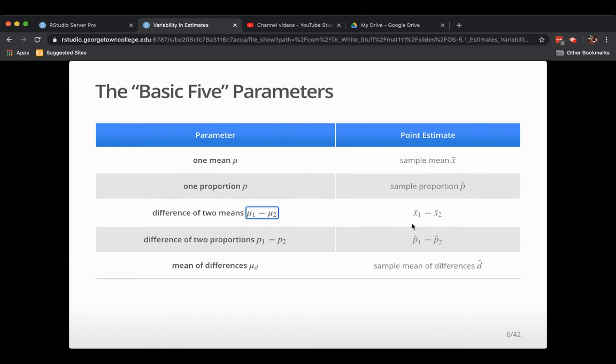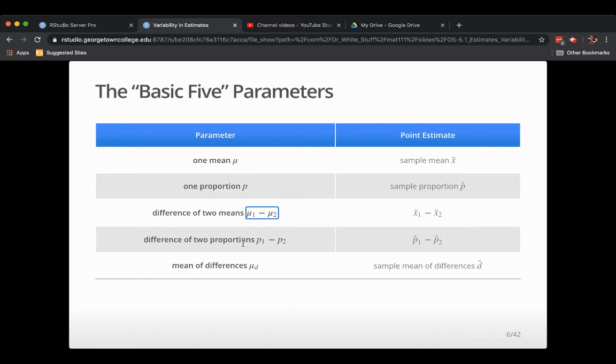You could take a random sample from the first population, another random sample from the second population, and compute the sample mean of the first sample and the sample mean of the second sample, x1 bar and x2 bar, and subtract those. That single number formed by the subtraction is a statistic, and it is a point estimate of this parameter.